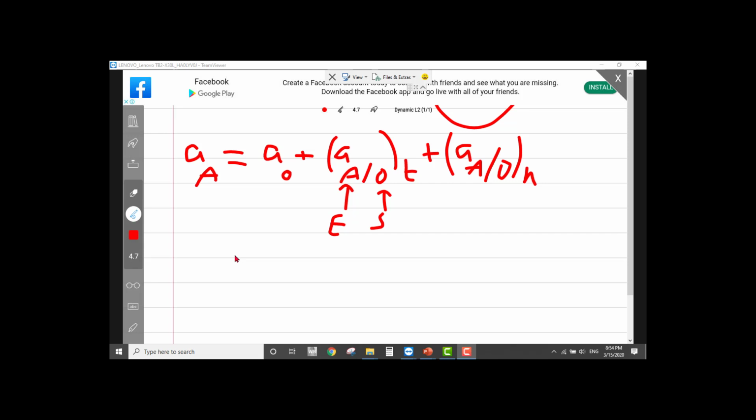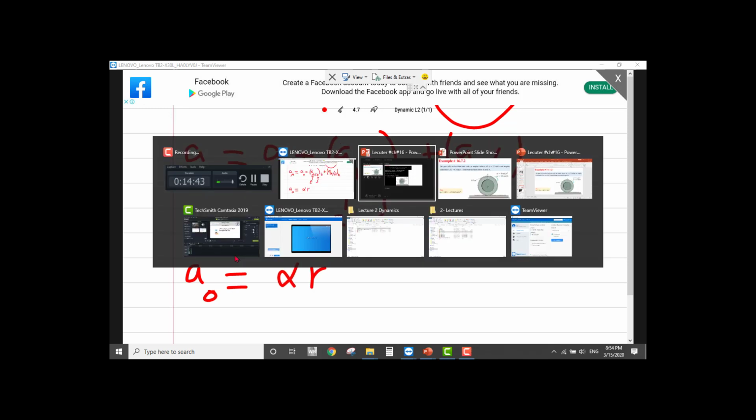Now, before continuing, the acceleration of the centroid from the previous slide is equal to alpha cross product R. So let me go back to that slide.